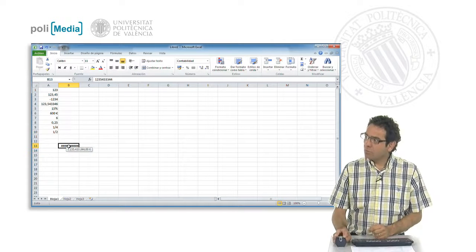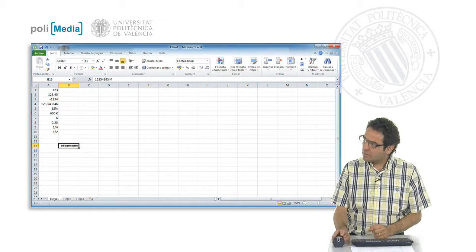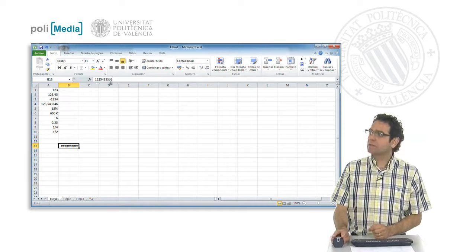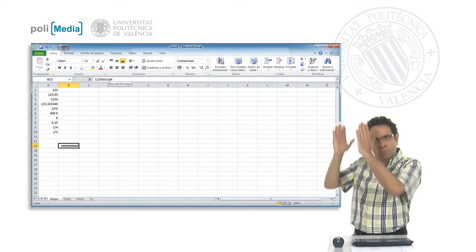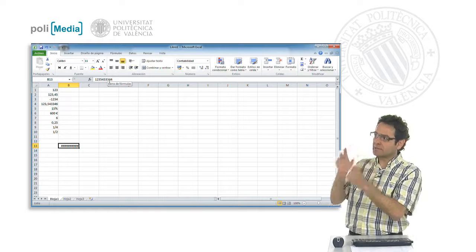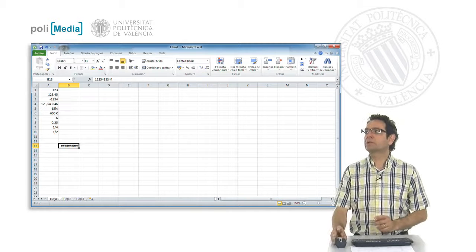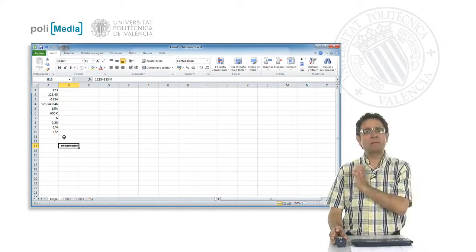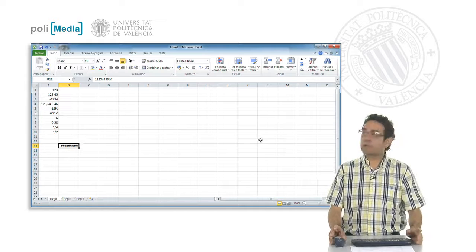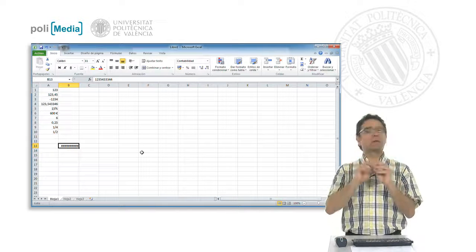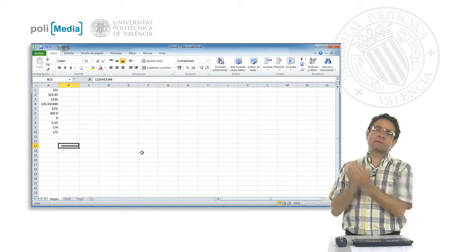Which is why when we see this representation, we see that the number introduced in this cell is this large number. But if it does not fit expressed with the typeface that I have defined at this moment, it does not fit in this cell. What Excel will do on many occasions is cross out the number so that we don't see one that it really isn't.